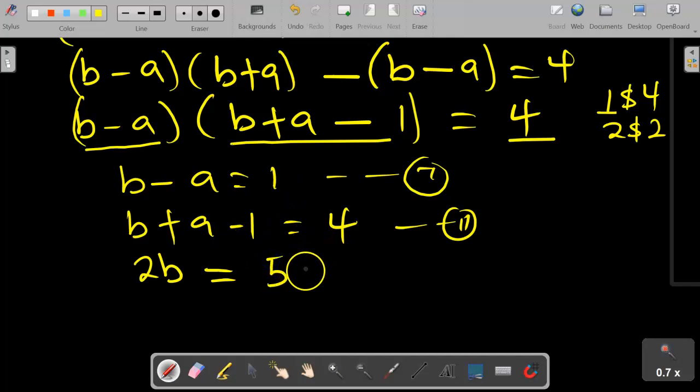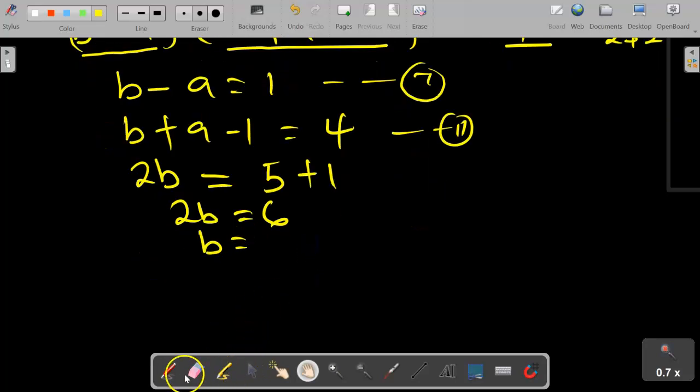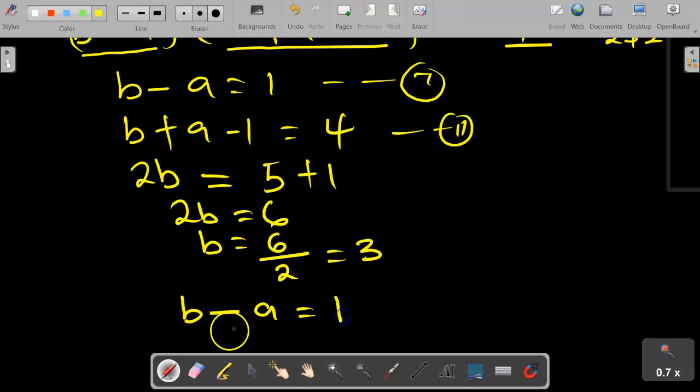We now move this one to the other side, plus 1. So 2b is equal to 6. So b is equal to 6 over 2, which gives us 3. And b minus a is equal to 1.